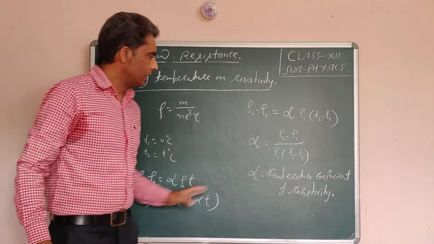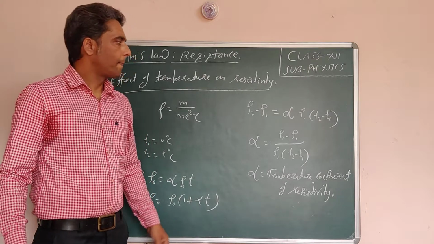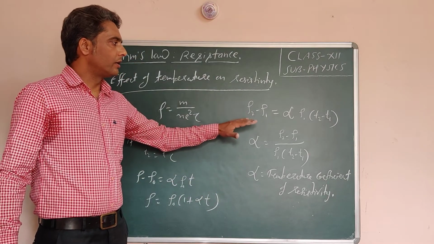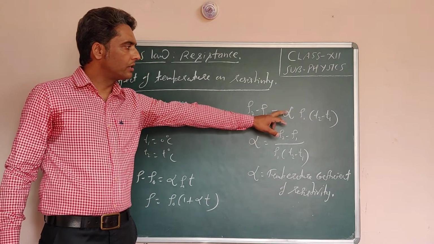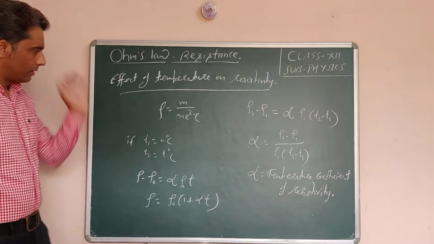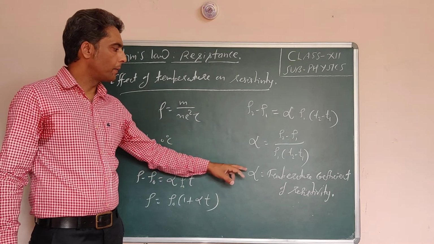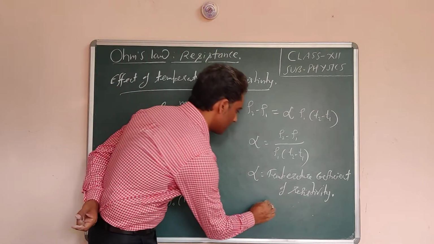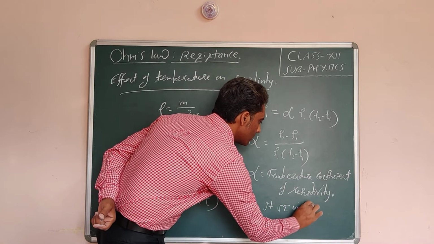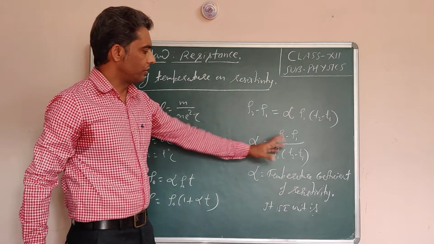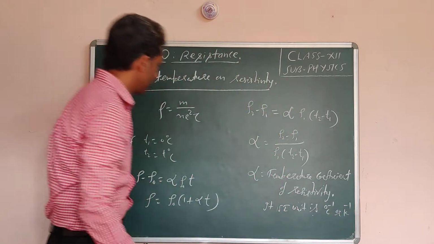We can use these relations for calculating resistivity when we are given the initial and final temperature, and also the value of alpha. This value of alpha is different for different materials. Its SI unit is the inverse of temperature, that is per degree Celsius or per Kelvin.